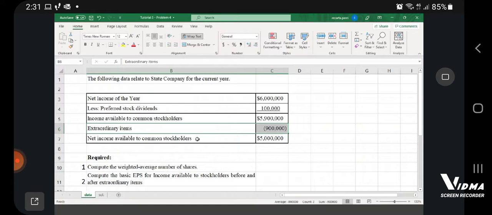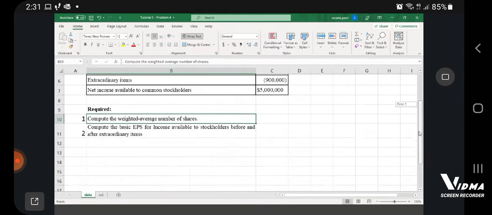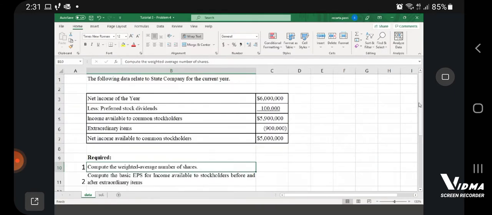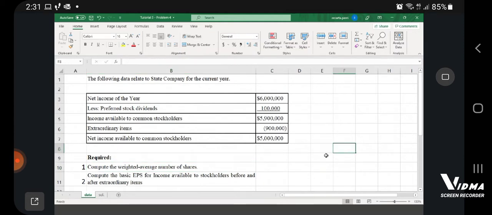That means that we have net income available to common stockholders. Compute the weighted average number of shares. I'm not sure if I have taken every piece of information. Let me check with the tutorial. Am I lacking any piece of information over here?